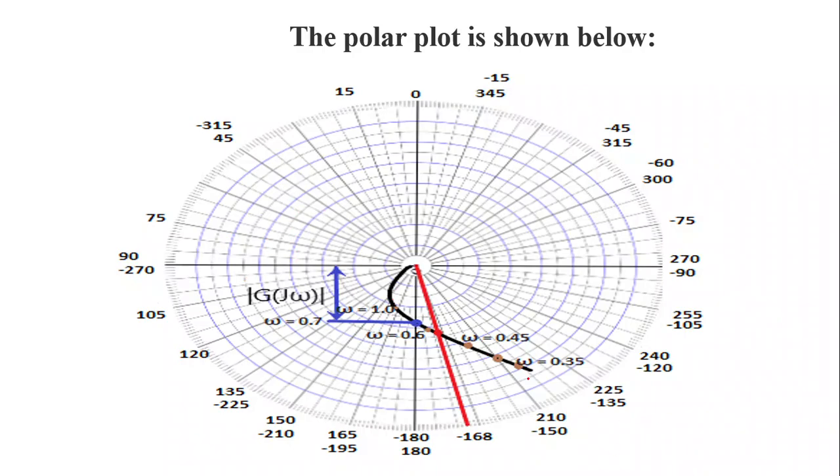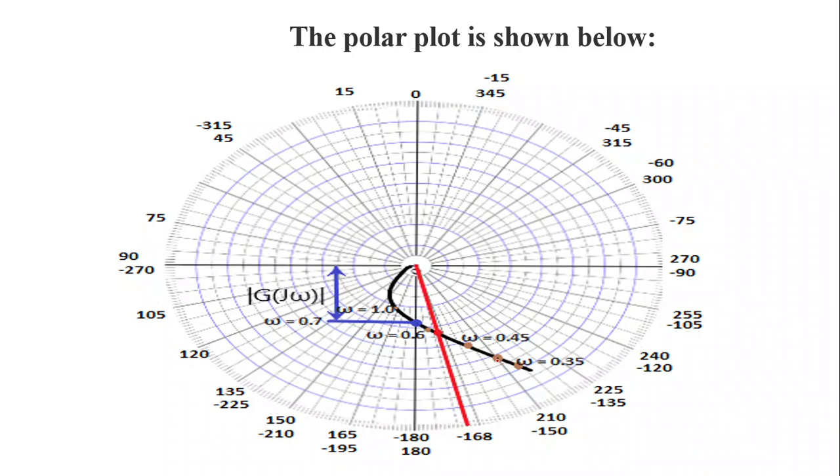The first corner frequency is omega equal to 0.35, and the corresponding phase angle is minus 144 degree, so we plot this. This red line represents omega 0.35 and its phase angle.